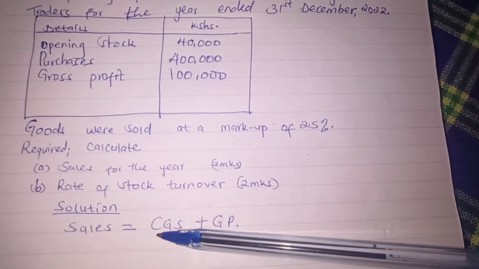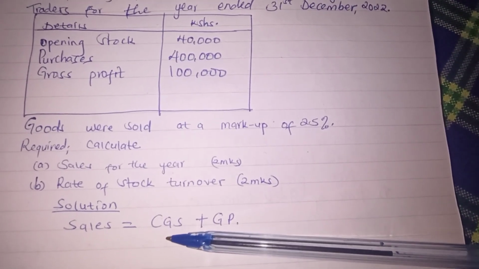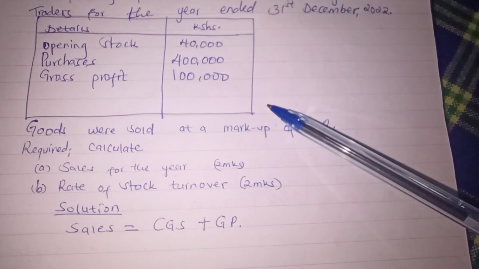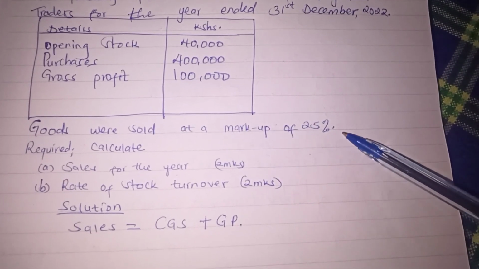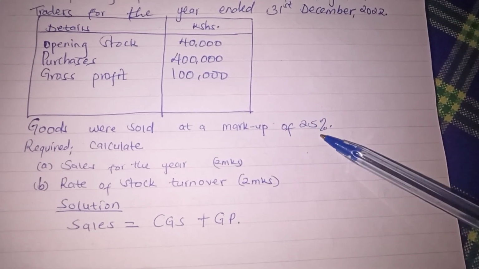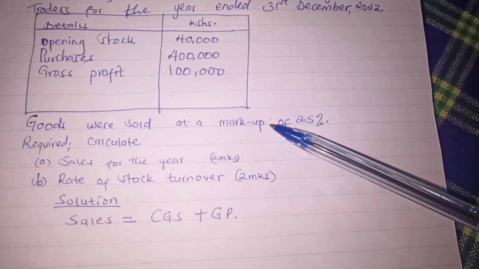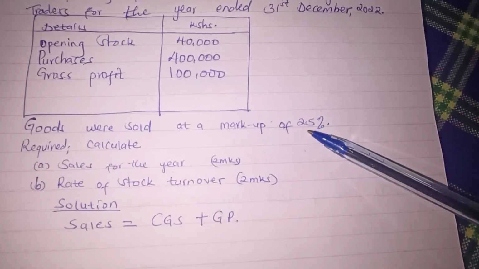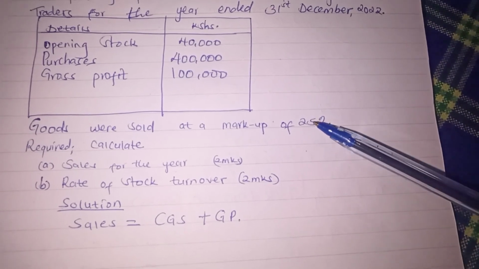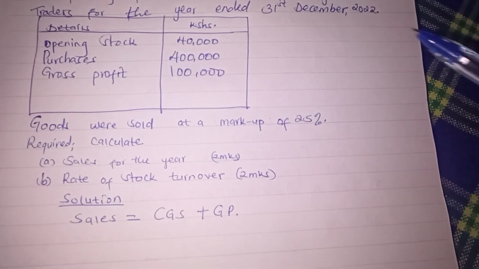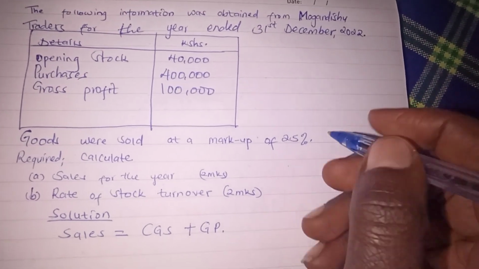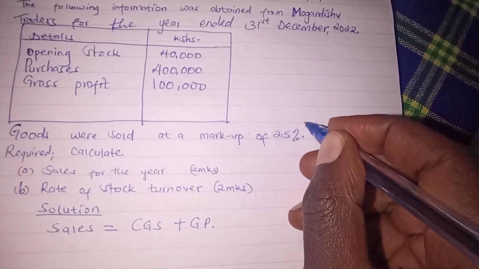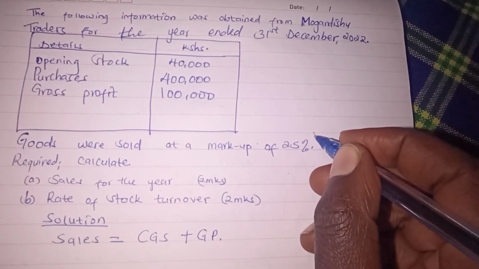Learners, that is what I was saying, that we move from known to unknown. Clearly, looking at our question, we are given the markup. Remember, we said that markup is equal to gross profit divided by the cost of goods sold.